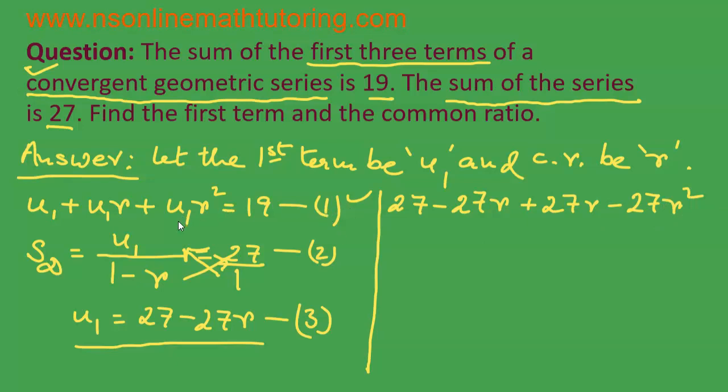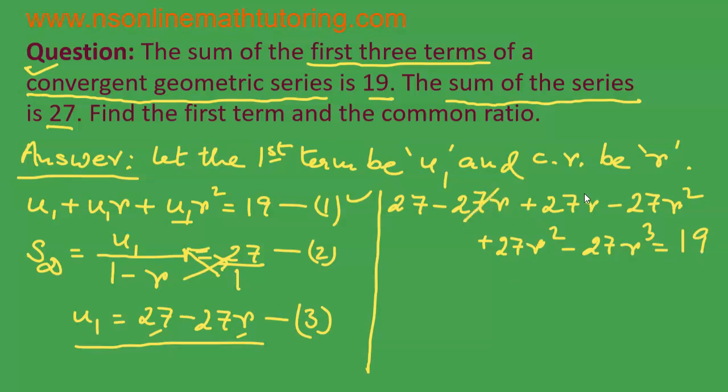Then we come to the third term, U1 R square. So every term will be getting multiplied by R square. Therefore, it is plus 27R square minus 27R cube is equal to 19.